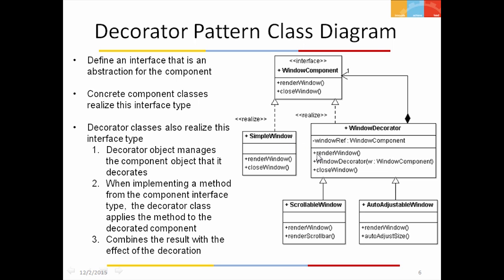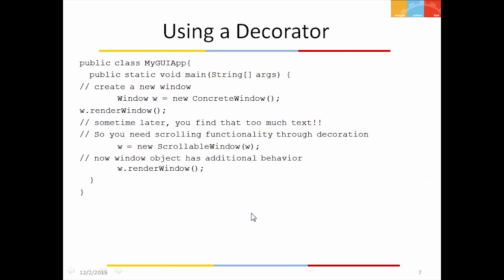So when render window is going to be called on the decorator window, this render window inside it will first call the render window method of this simple window. Then it will add additional functionality. That's the basic idea. That's how the decorator pattern extends the functionality.